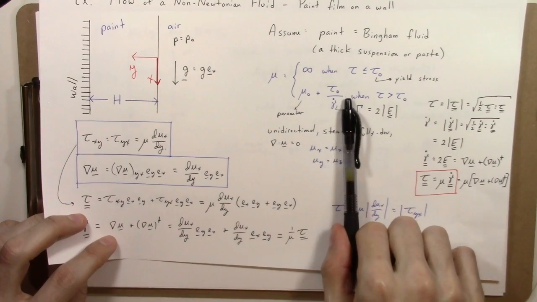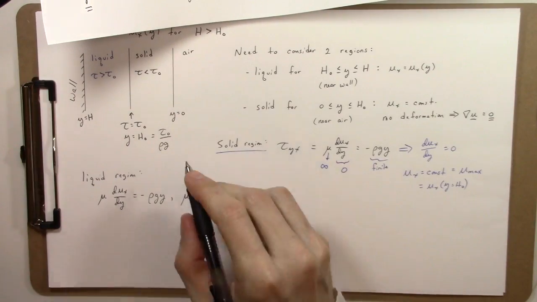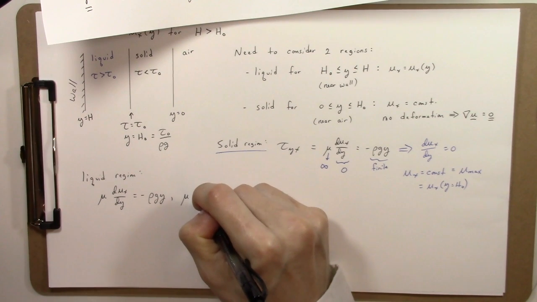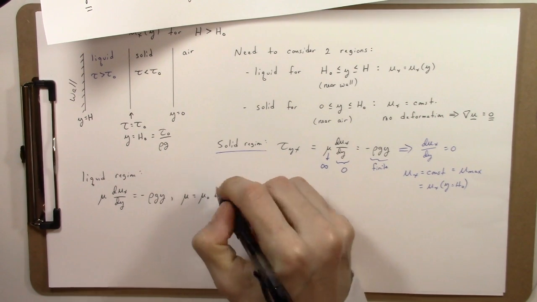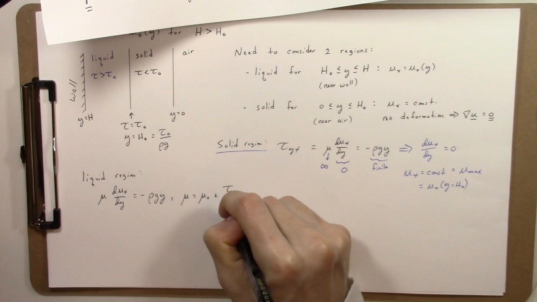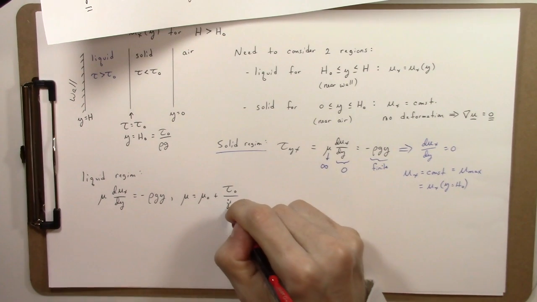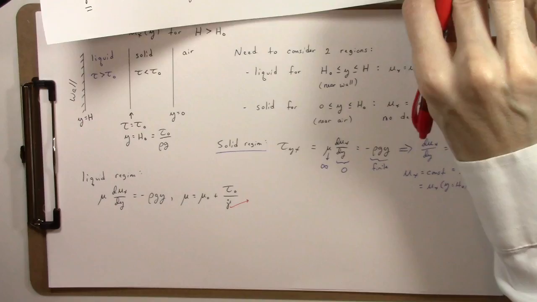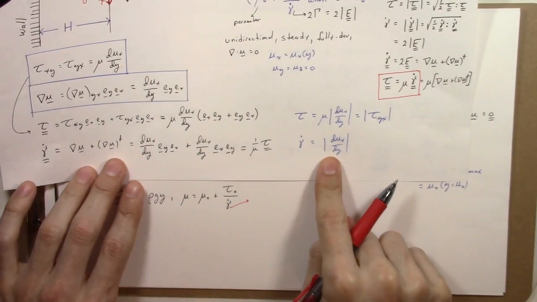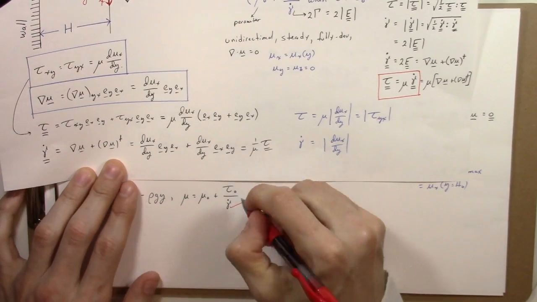It's mu naught plus tau naught over gamma dot. So we have mu naught plus tau naught divided by gamma dot, the magnitude of the rate of deformation tensor. And gamma dot, we've already found, is equal to the absolute value of dux dy.